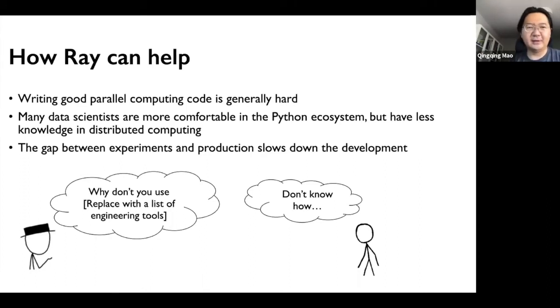Why don't you use a queue to do the parallelization? Why can't you just use all these fancy tools here and there? Or why can't you just do multiprocessing? Or why can't you just use some software, define a DAG and then run the DAG and all these things? And the fact is, a lot of data scientists feel like there's a steep learning curve there, because that's just not their expertise.